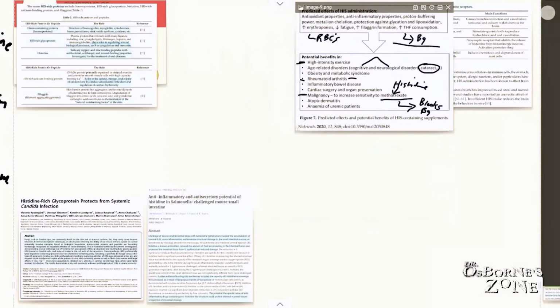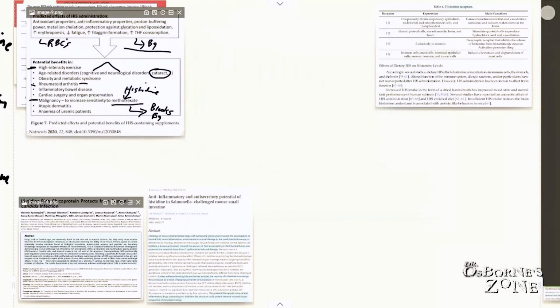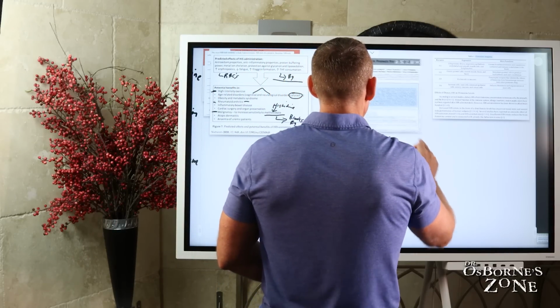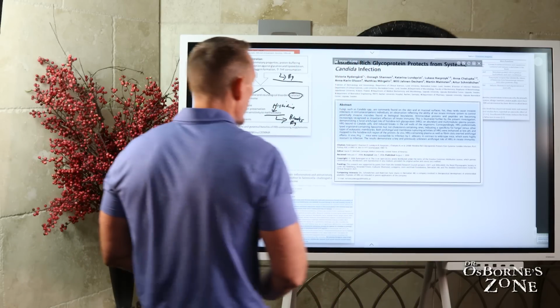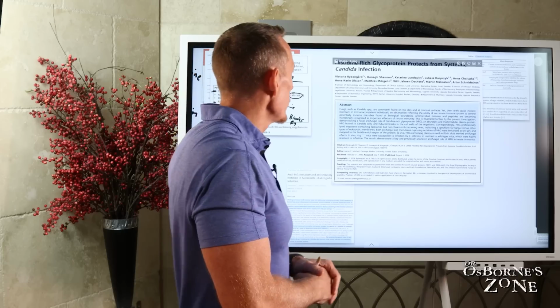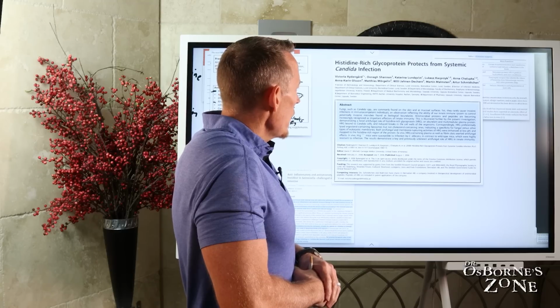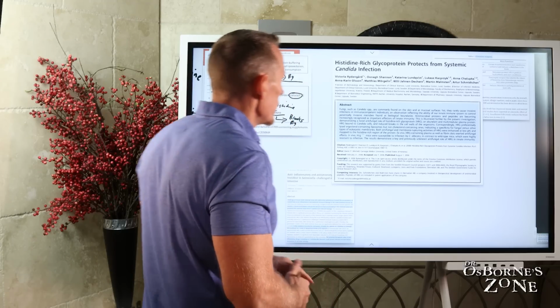So let's look at a few more things here. We said that it would help mitigate inflammatory bowel disease, and so I want to show you what some researchers found with histidine as a mechanism to fight against Candida.